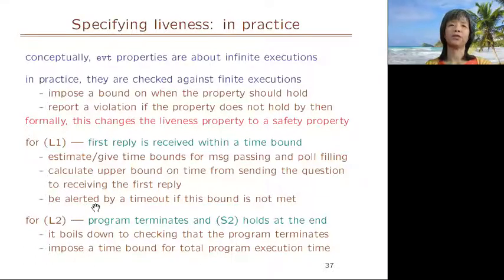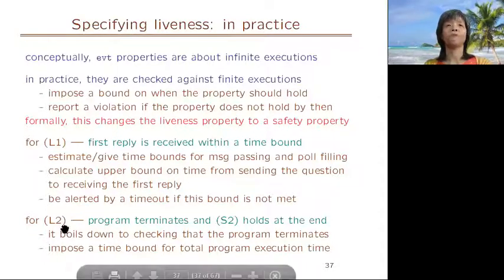Then you can be alerted by a timeout if this bound is not met: the time bound is reached and the first reply has not been received. For L2, the program terminates and S2 holds at the end. Remember, eventually S2, so that's really the implication. This boils down to checking that the program terminates, so you can impose a time bound for the total program execution time.